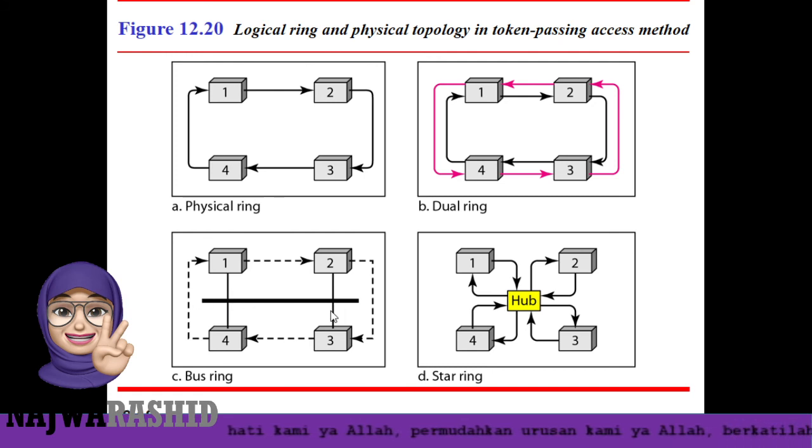It is connected as a bus, but the process of sending the token is like a ring. This one is a star ring. If the question asks you to draw a physical ring topology for the star ring, you can draw it like this. Bus ring, something like this, and this one is for the ring topology.